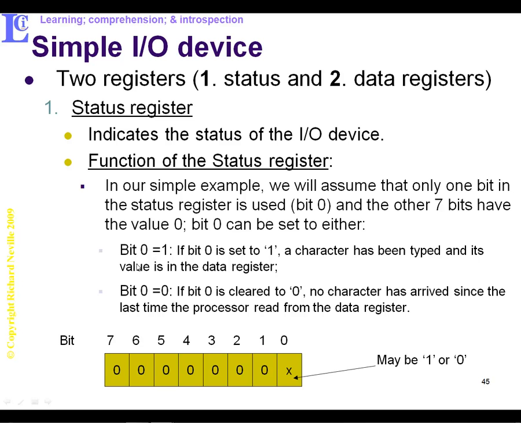So 1 tells us that a character has been typed, and that will be decoded into the data register, the actual number, after we've read the status register. And if this is set to 0, if we interrogate this status register and look at this bit, then no data or no key has been pressed.